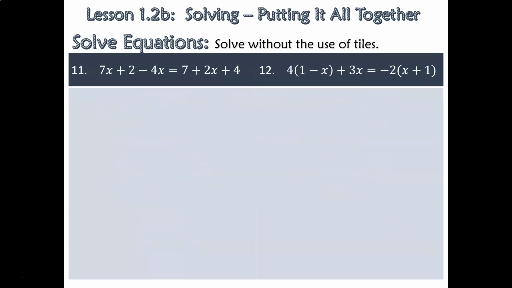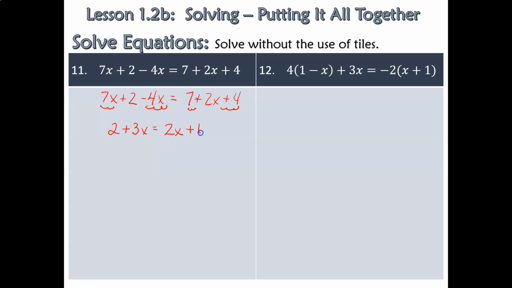Okay, my number 11. A couple things to do here. So I look over here and I have to combine my x's. So 7x minus 4x is 3x. And over here, I have to combine my 7 and 4, which is 11.